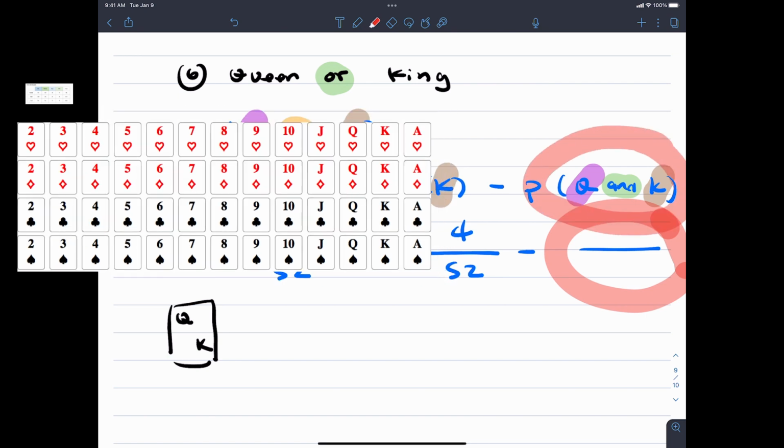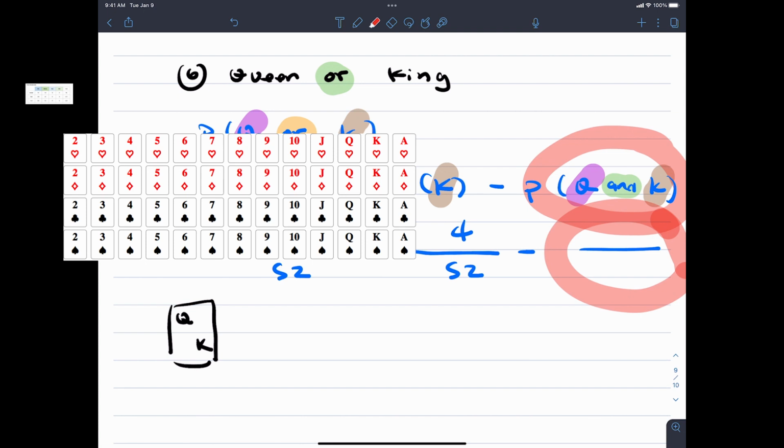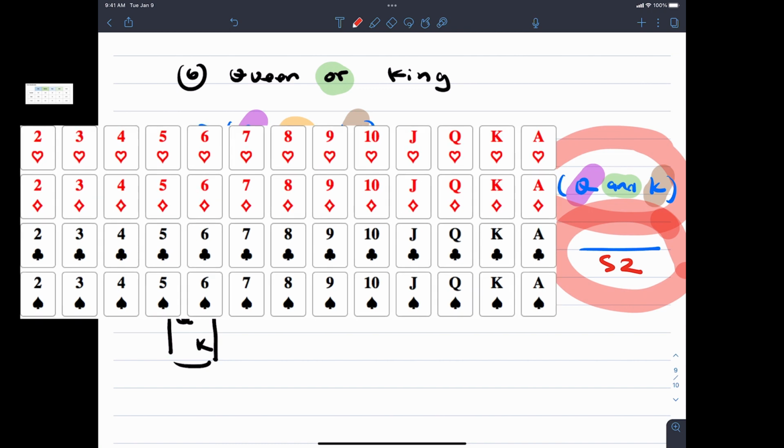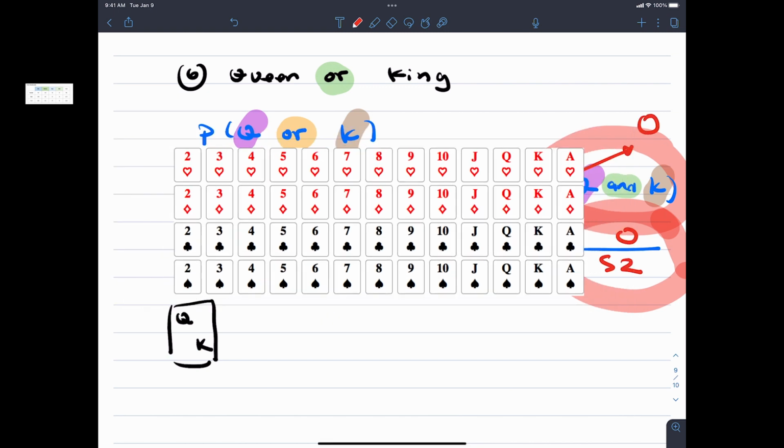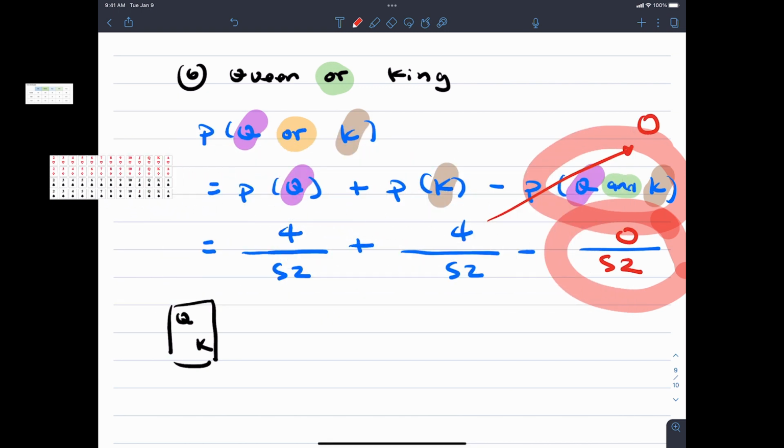How many cards are there in the deck? You say, oh, is that 52? Well, yeah, there's 52 cards. But how many are both a queen and a king at the same time? Are there any queen kings? No. So that's 0. So that probability equals 0.